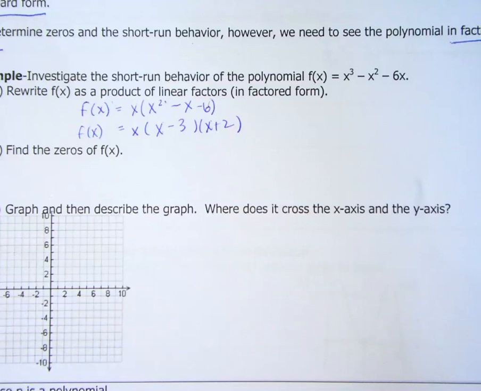But look at what is happening at 3. Your graph is not crossing at that zero. So what must be happening there? It's going to be a double, okay? Because it is bouncing off at 3, that is a double zero, and so I'm going to list 3 twice.